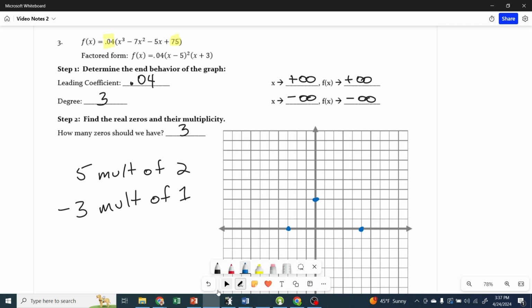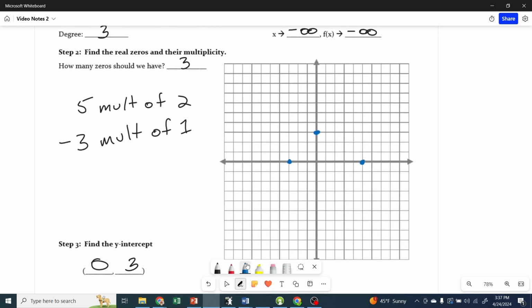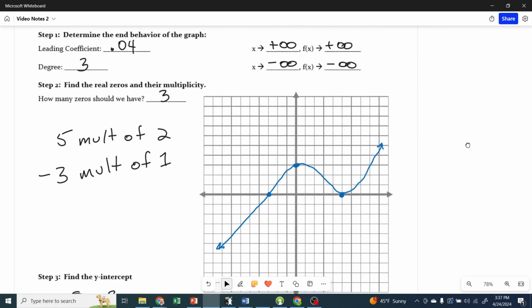So our graph is going to be looking somewhat like this. We're going to have a nice curve here and a nice come down here and touch and go and then up. And then this one is going to continue like that. All right, so that's my rendition using this knowledge base.